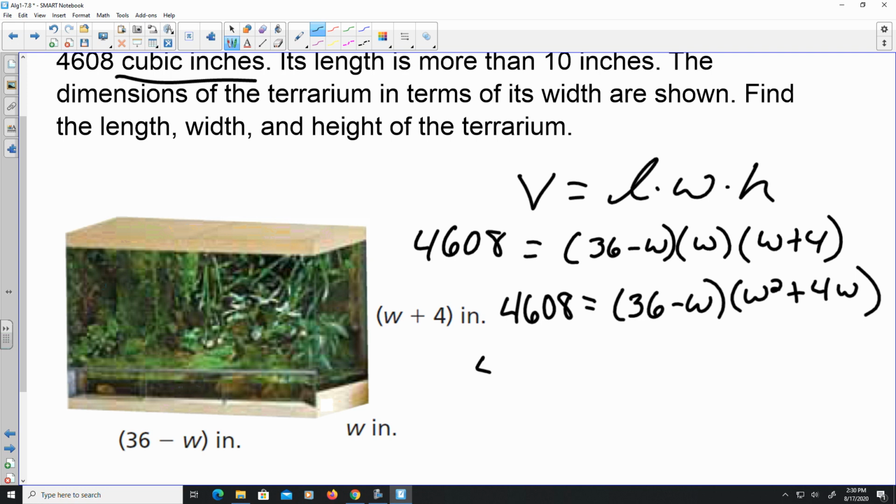So now I got 4608 equal to 36W squared, 36 times 4, which is 144W, minus W cubed, and minus 4W squared.